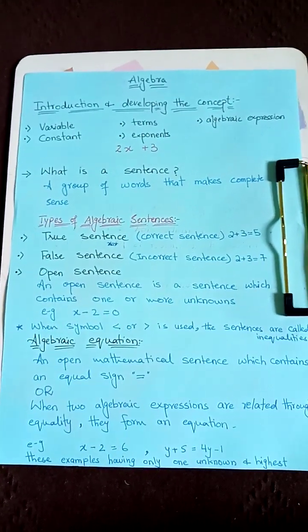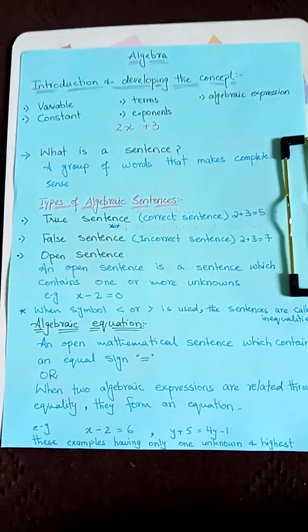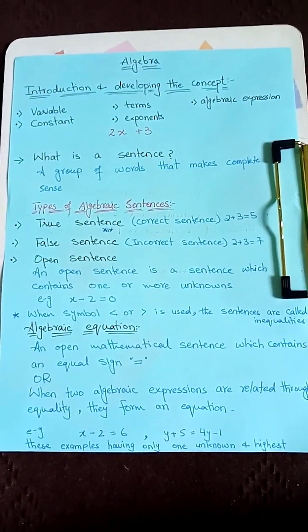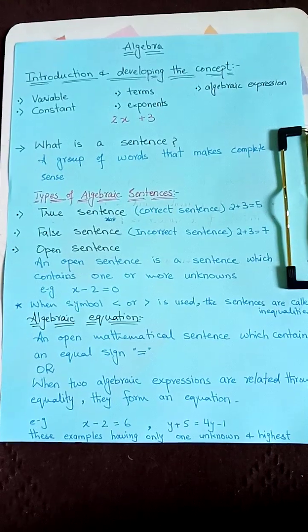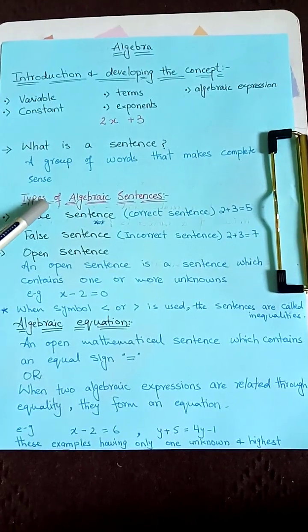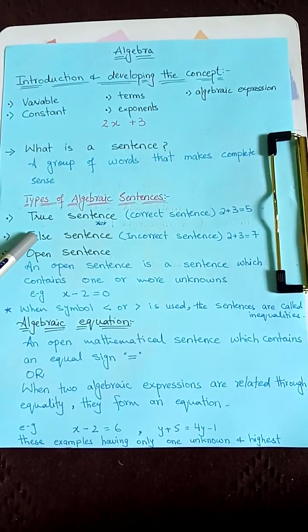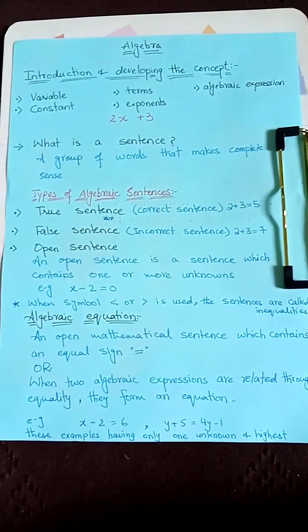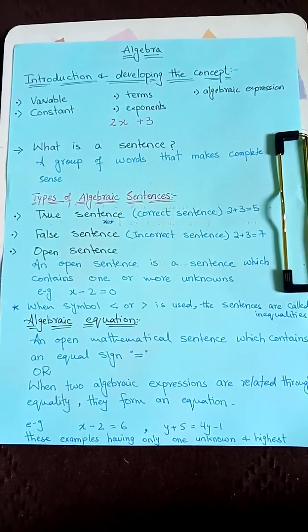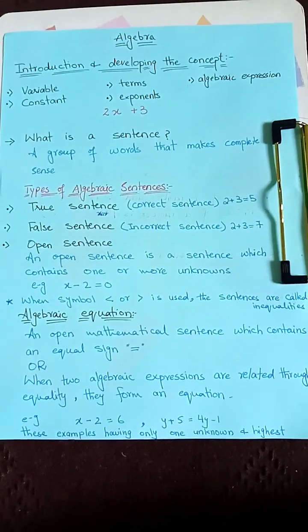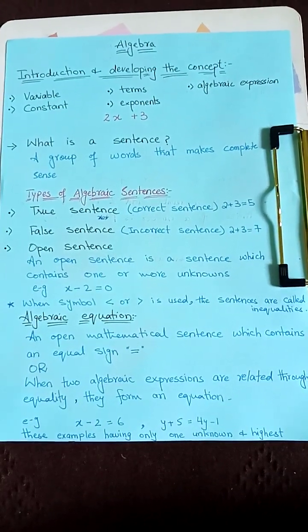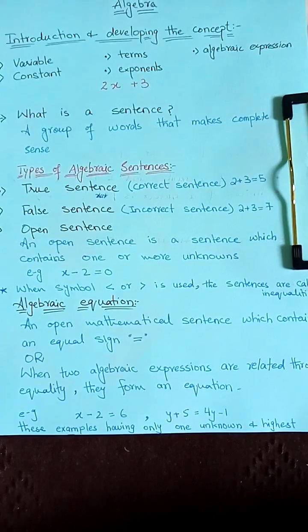So we can judge which sentence is correct and which is not. The correct one is the true sentence, and the wrong one is the false sentence, the incorrect one. So basically, there are three types of algebraic sentences: one is true, the other is false, and the third is the open sentence.